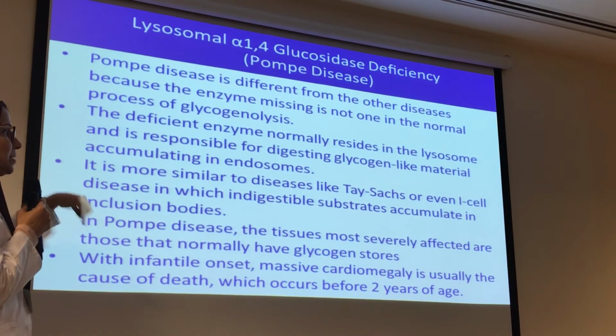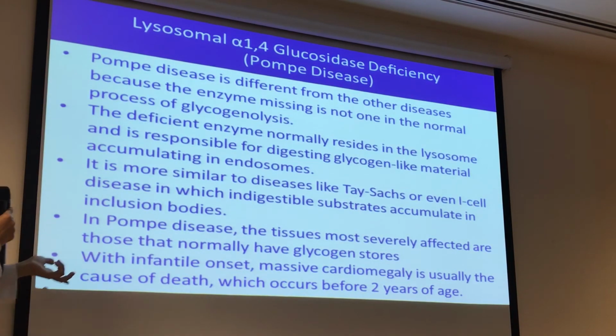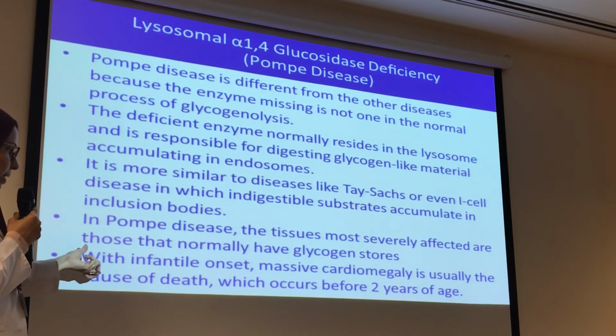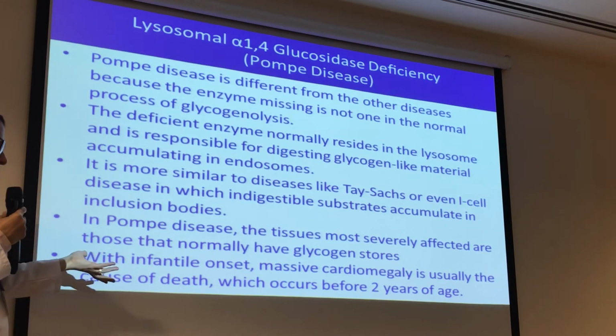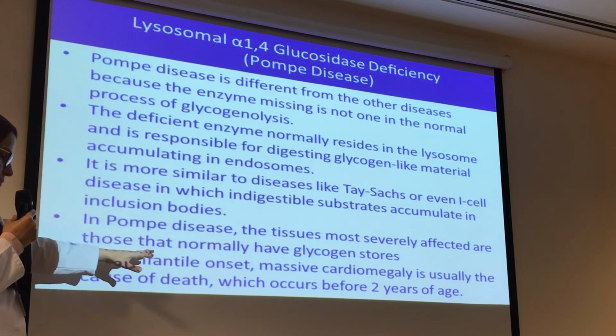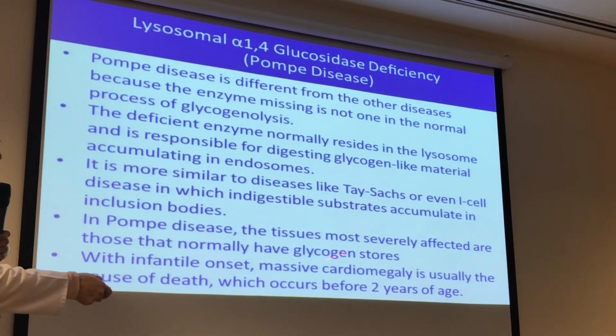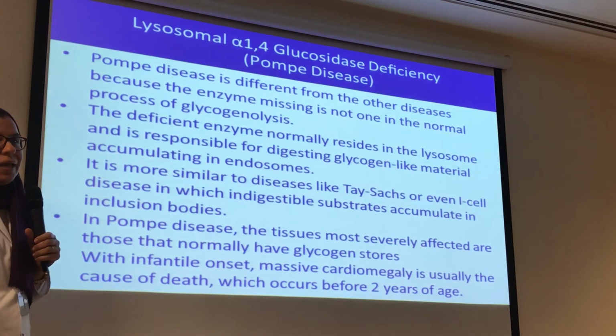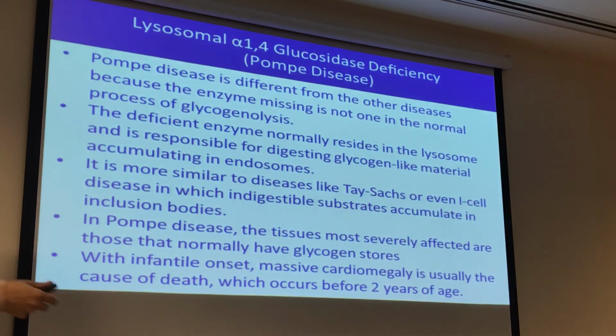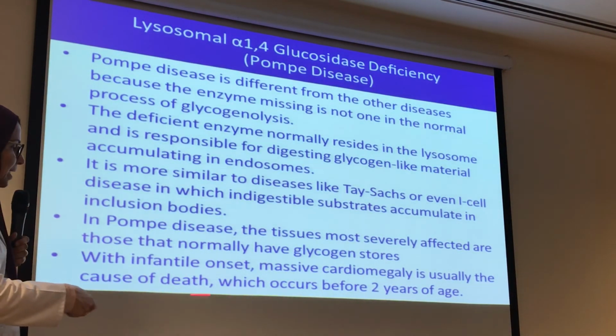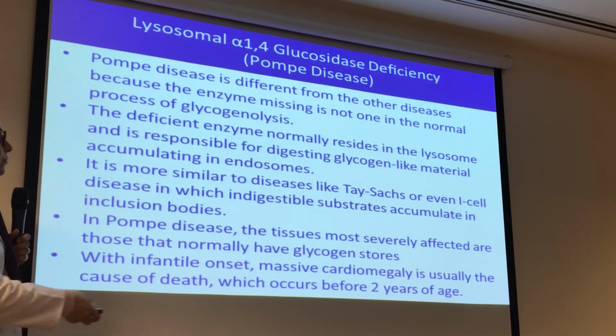But in Pompe it's more severe, and it has infantile onset, so it starts in the small babies, and they will have massive cardiomegaly. They don't know why, but the heart is enlarged, and the baby will die before they reach the age of 2.